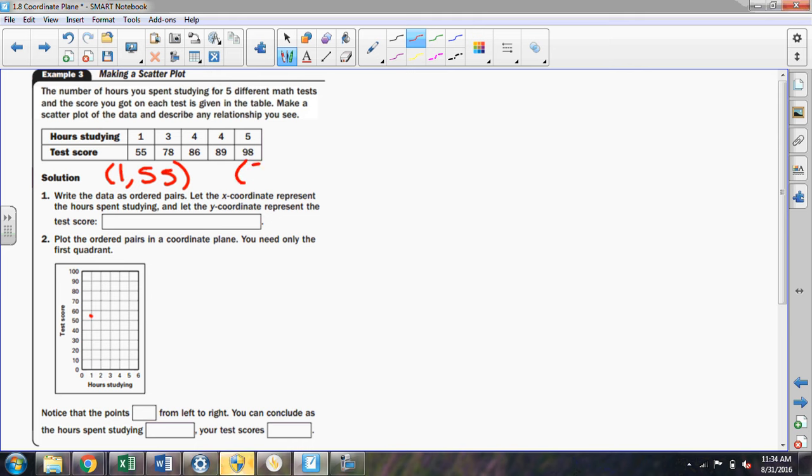Continuing, our next one, we had the ordered pair 3, 78. 3 hours of studying led to a 78, so we would go 3 hours of studying up to a score of 78 and plot our point.